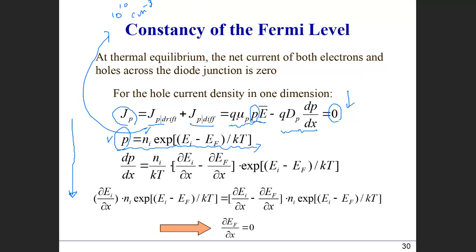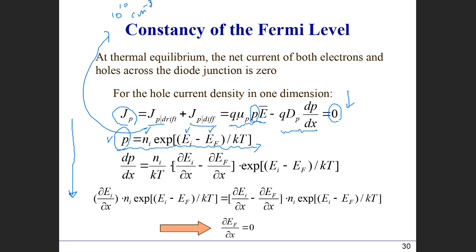That's the number we typically use. Then the exponential of the energy difference between EI and EF divided by kT.